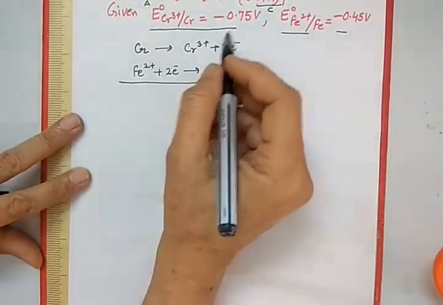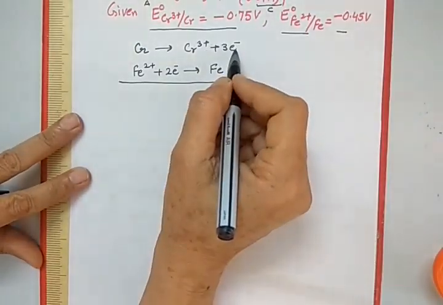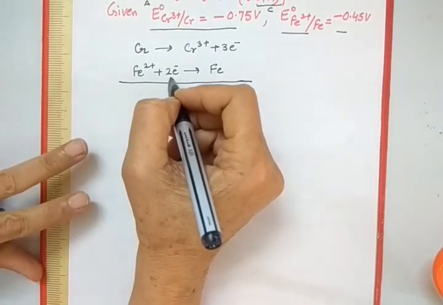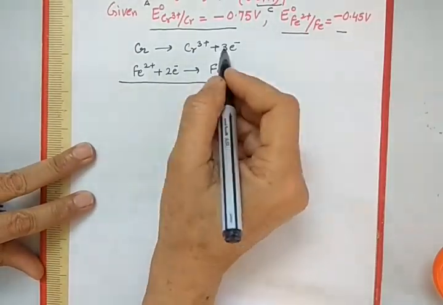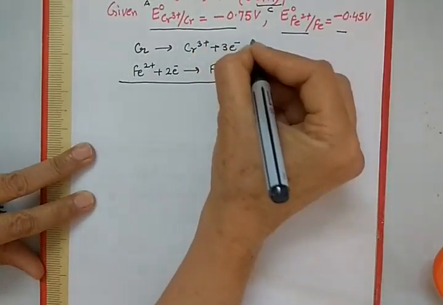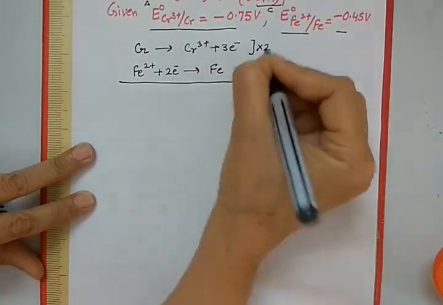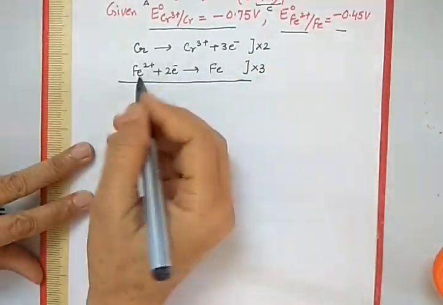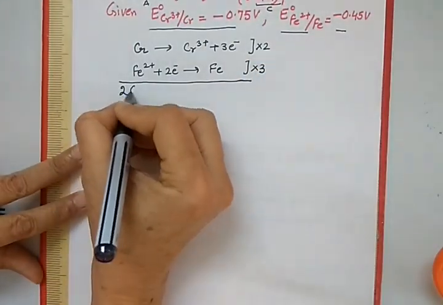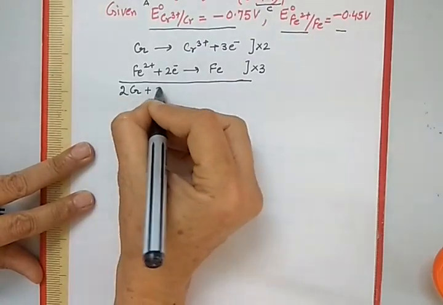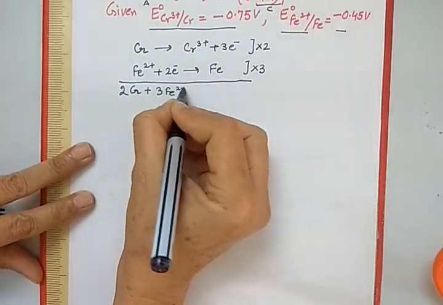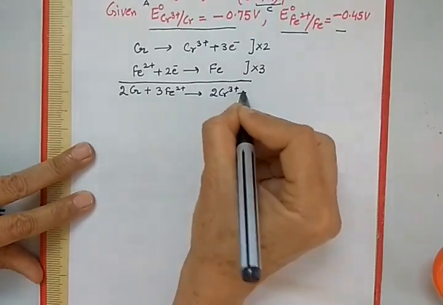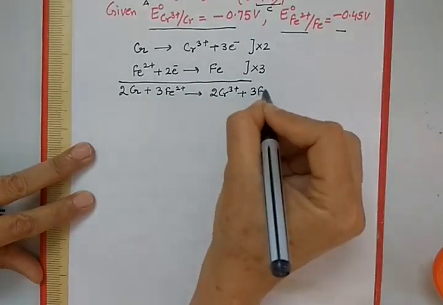Now look here. Here it is giving 3 electrons. Iron is taking up 2 electrons. So we have to balance the equation. Whenever we have to balance 3 and 2, what do we do? We multiply this equation by 2 and this equation by 3. So the cell reaction is 2 Cr plus 3 Fe2+ gives 2 Cr3+ plus 3 Fe.